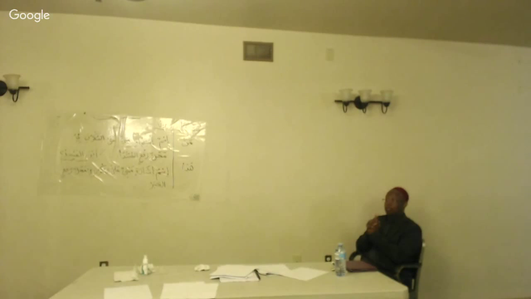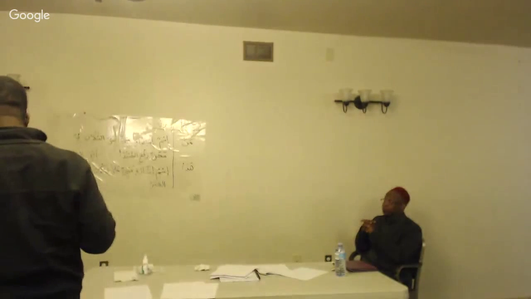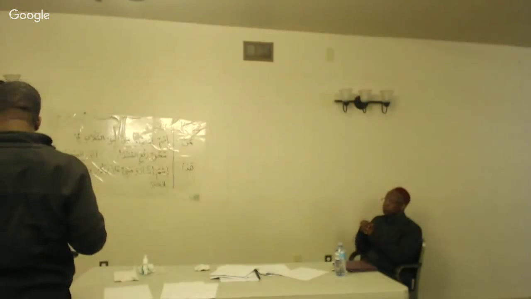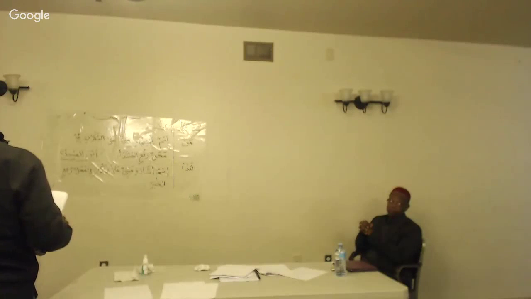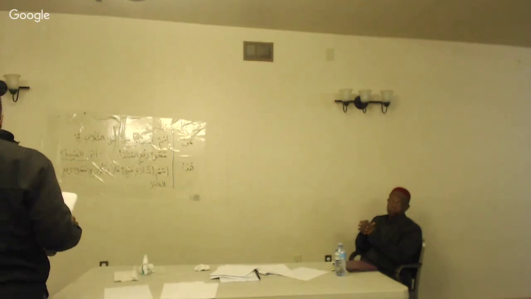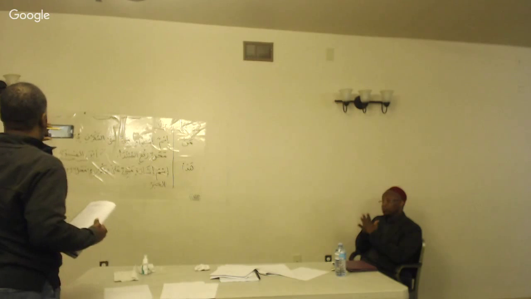Would someone like to give the i'rab of Aina a try? Let me try. Can I go up there? It's ism isharah mabni ala al-fath. No, al-fath is in the position of rafa', mubtada'. Okay. No, unfortunately.